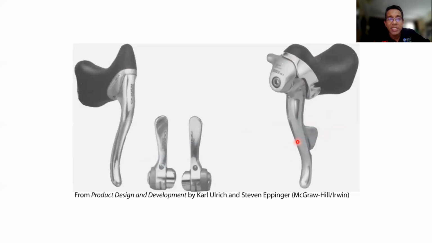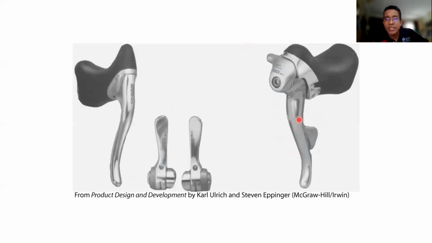They have a brake function, they have a gear shifting function inside this design, this chunk, this element. So we call this one an integral design. So what is the difference between modular and integral? You can see here they have two functions. Instead of separate blocks, they combine into one block with all the functions together.